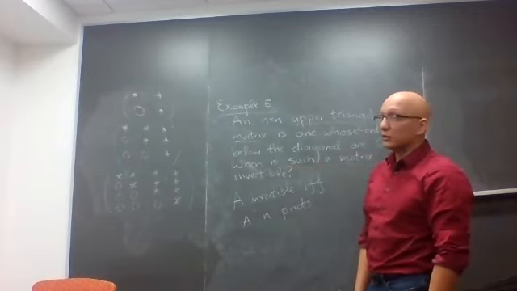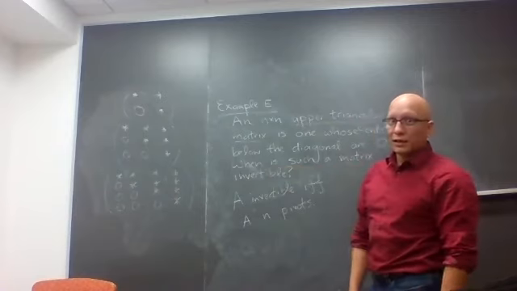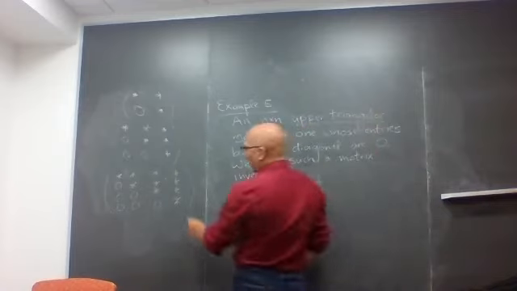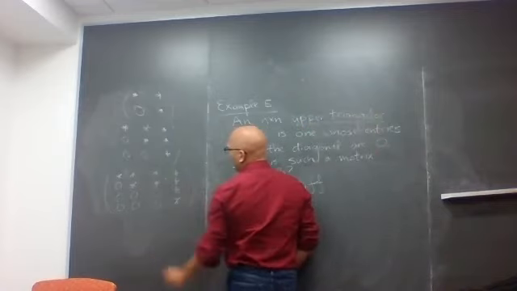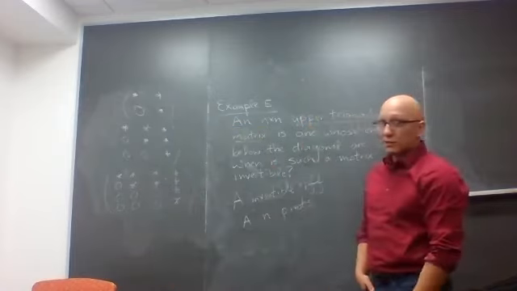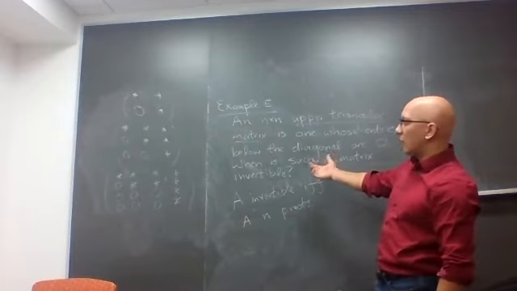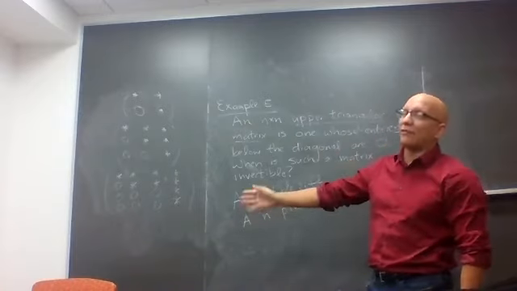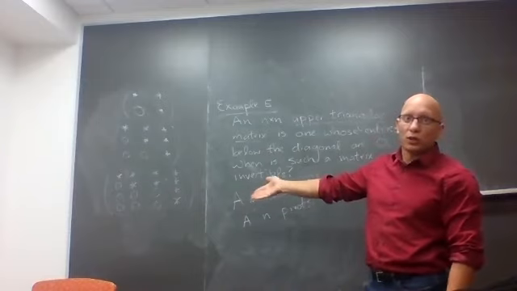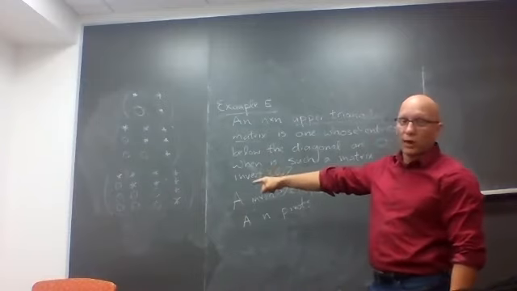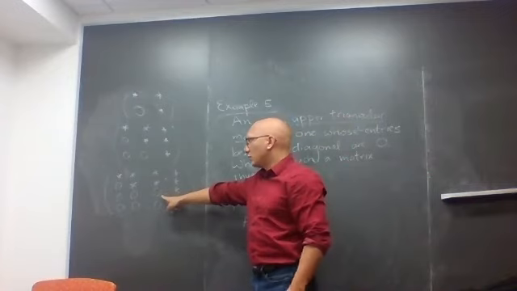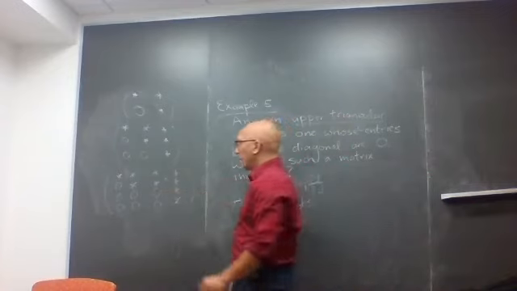But be very careful. Those stars could be any number, including 0. I mean, what if I make this a 0? That's allowed in my definition. The definition just says things below it have to be 0. The stars could be 0 or anything else. And so that'd be problematic. If my diagonal entry is a 0, then I don't have n pivots.